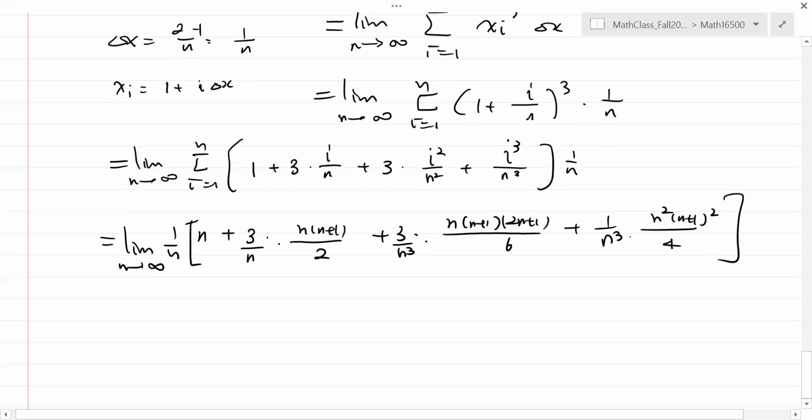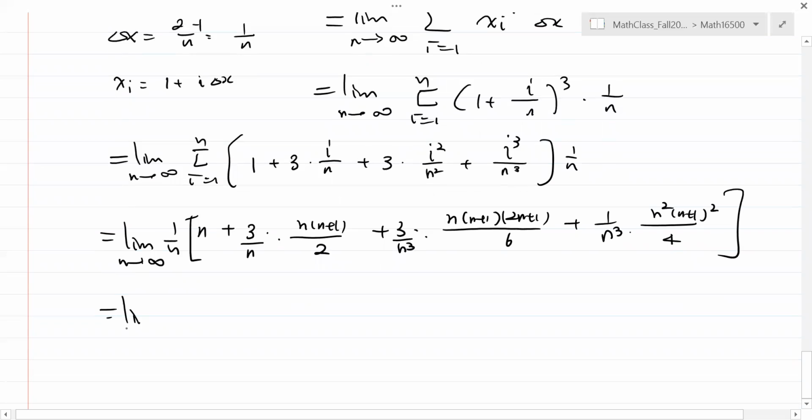So now you simplify it. You move the n in, so the first term is still 1. Then you have 3 over 2 times 1 plus 1 over n.